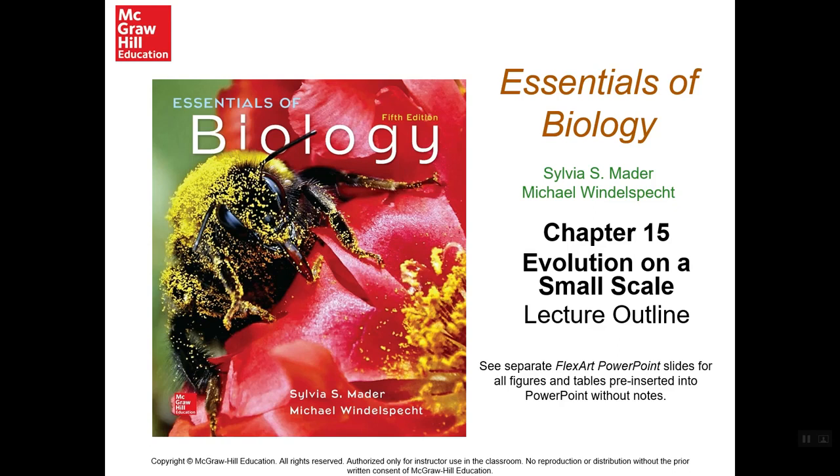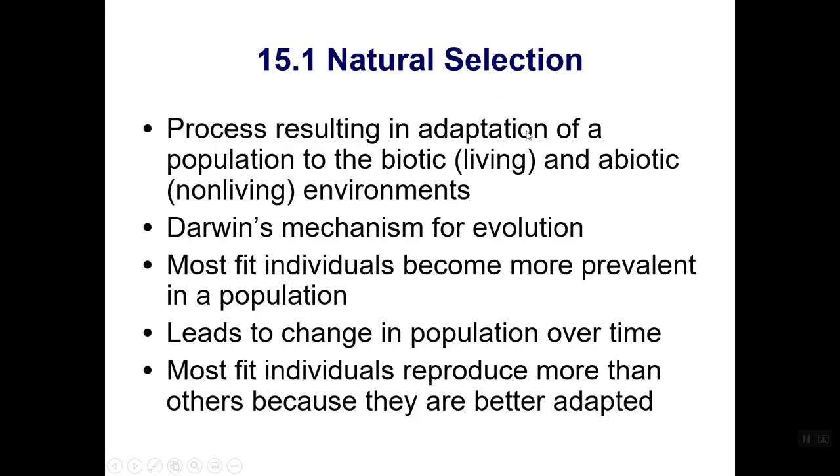So this chapter, we're just going to expand on those ideas and talk even more specifically about natural selection and microevolution. In the beginning of this chapter, in 15.1, we discuss natural selection, which is a process that we touched on pretty well in chapter 14, but now we're going to expand on it even more.